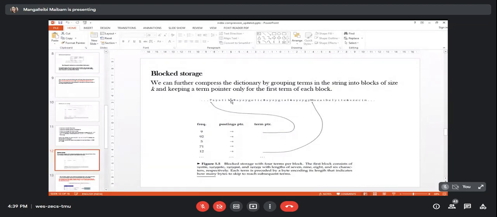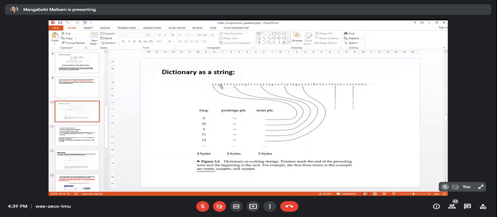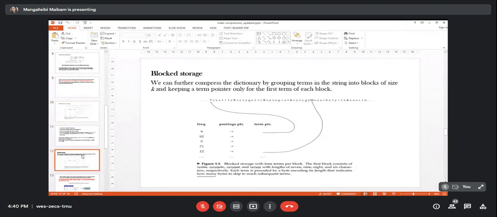Then we have syzygetic. This is just like dictionary as a string: we consider the long list of terms as a long string, but we divide it into blocks of size k, just like block sort based storage.